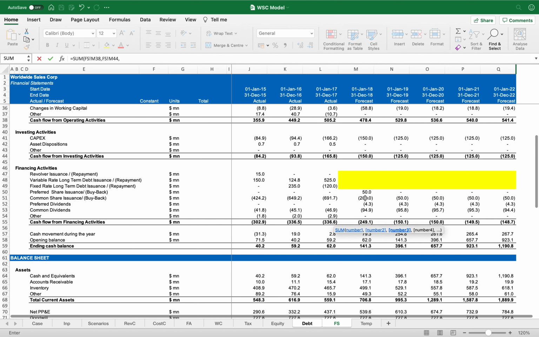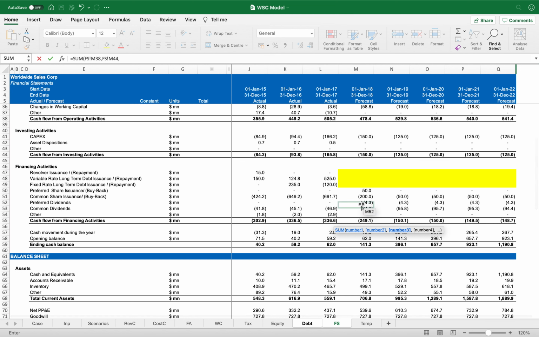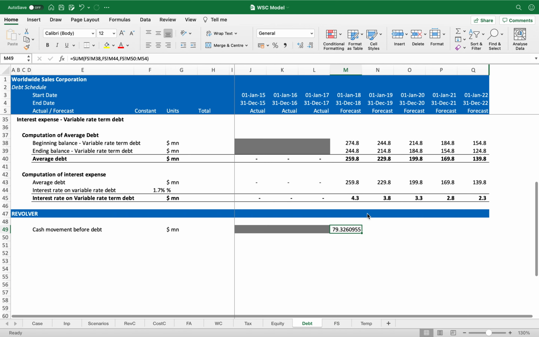Then now do not link it to cash flow from financing activities total. Never do this mistake. Always link it to the individual components except debt.